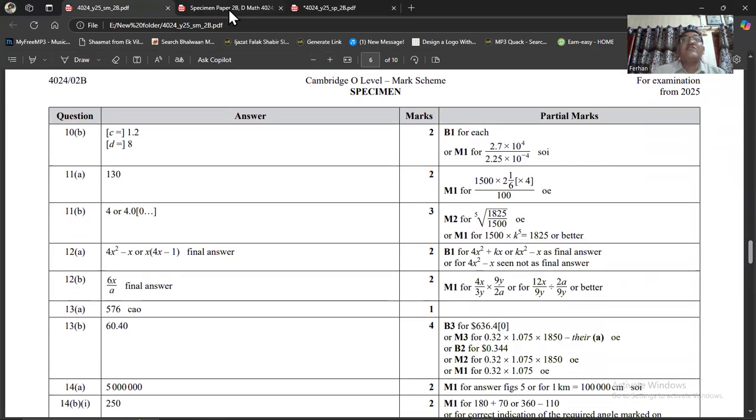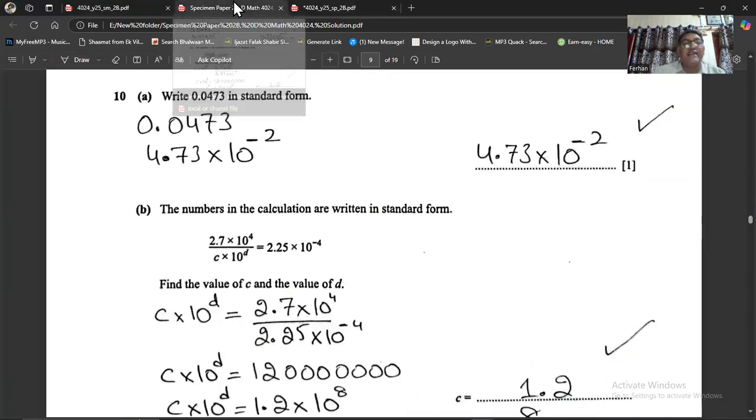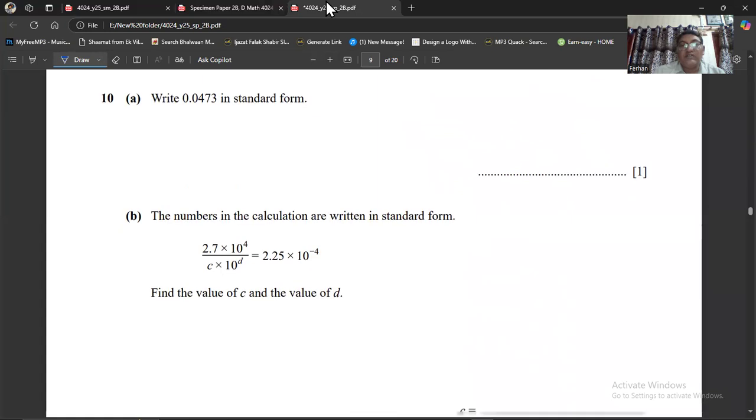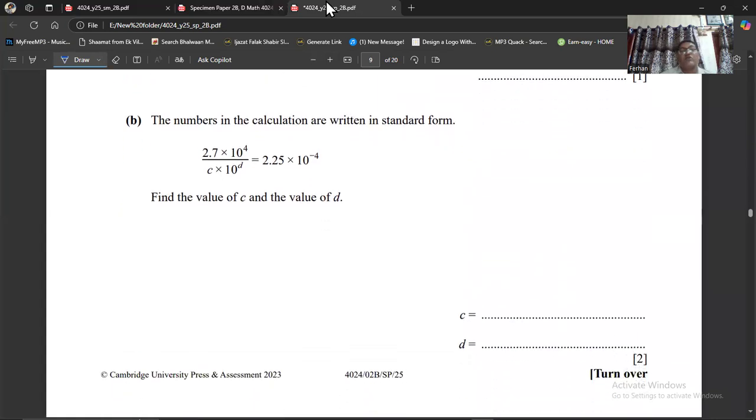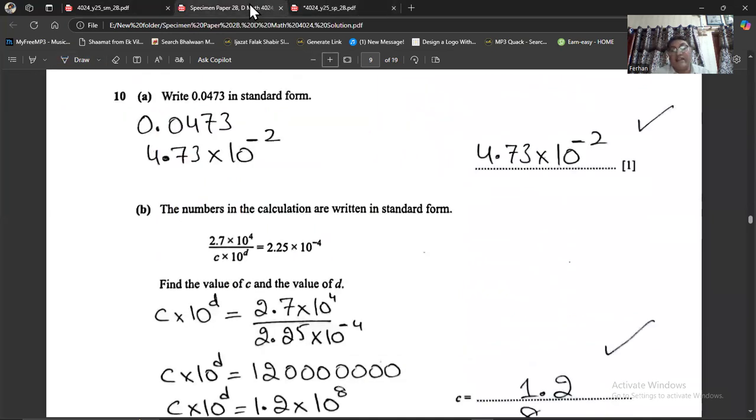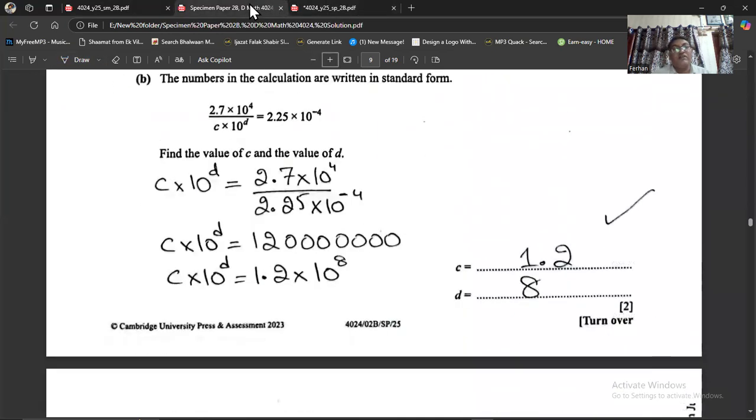Okay, so we are going to the next question. That is question number 10, and it's B part, a 2 marks question. The numbers in the calculation are written in the standard form. We have 2.7 expo 4 divided by C expo D equals 2.25 expo minus 4. He says find the value of C and the value of D. So we will take this C expo D, and this will go downstairs, and then I will be easily able to solve it.